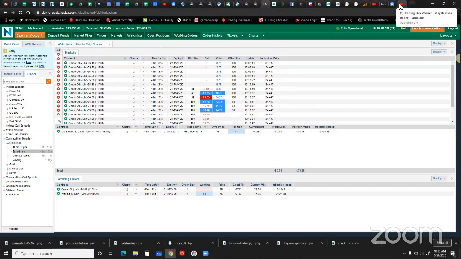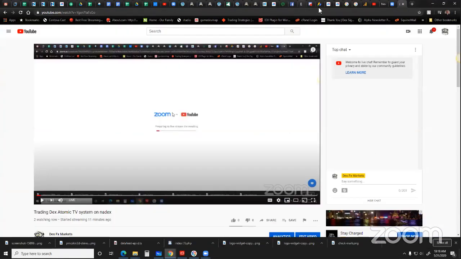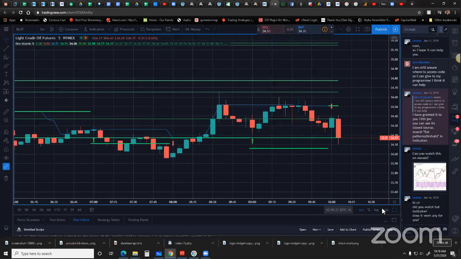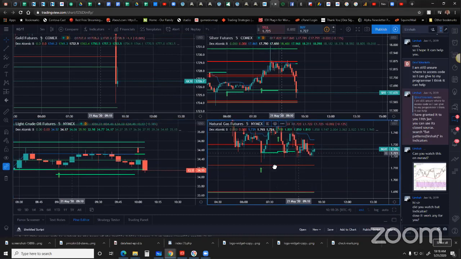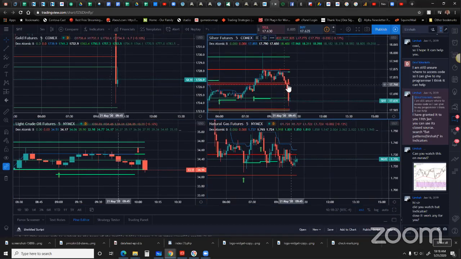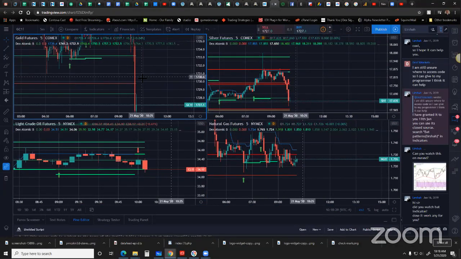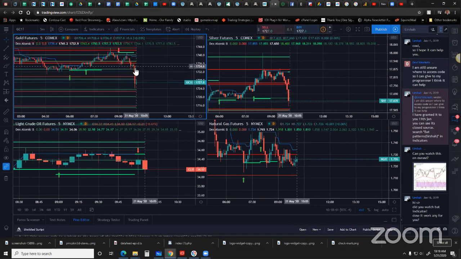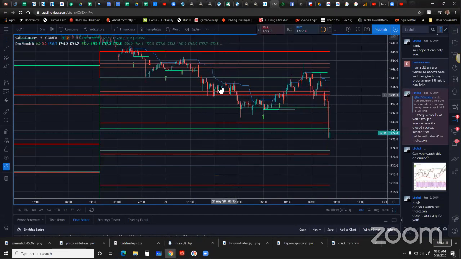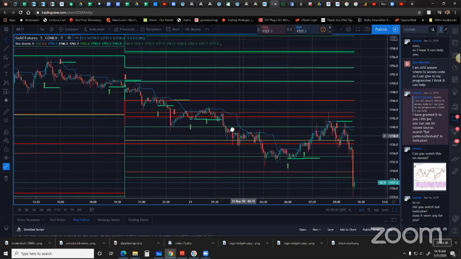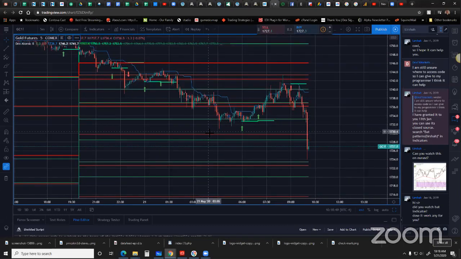But for the most part, we can trust the levels in our solution. Let's drop down. Silver's got a line on, and gold is a big impulsive move right now, really pushing off these levels.